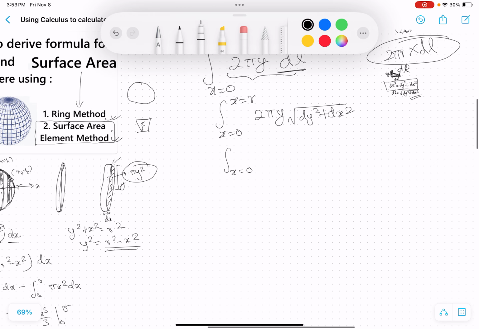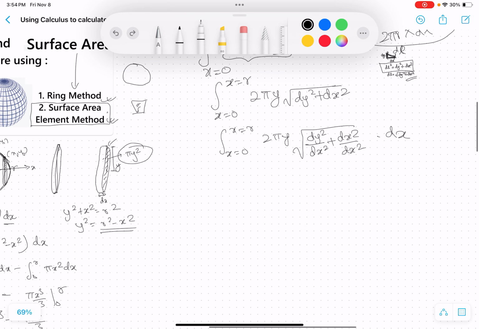What you can do is divide this by dx square and also write dx over here. Notice that this is just square root of dx square, so that just cancels out. Now this is the integral from x equals 0 to x equals r, 2 pi y times square root of 1 plus dy by dx whole square, times dx.